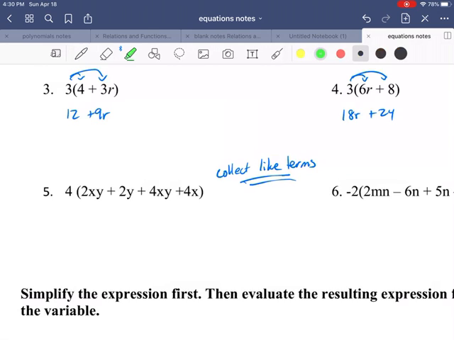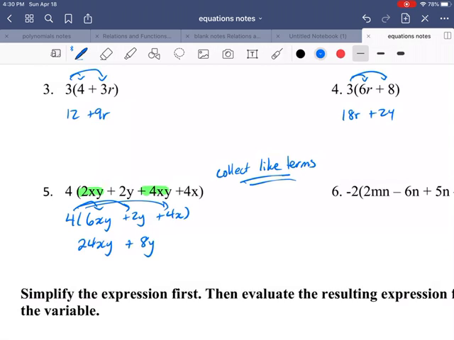So if we look through here, the 2xy and the 4xy, those are like terms. So really we have 6xy plus 2y plus 4x. Now apply the distributive property. So 4 times 6 is 24xy. There's no variables to combine, so we're not using the exponent rules for those. 4 times 2y gives me positive 8y, and 4 times 4x gives me 16x.